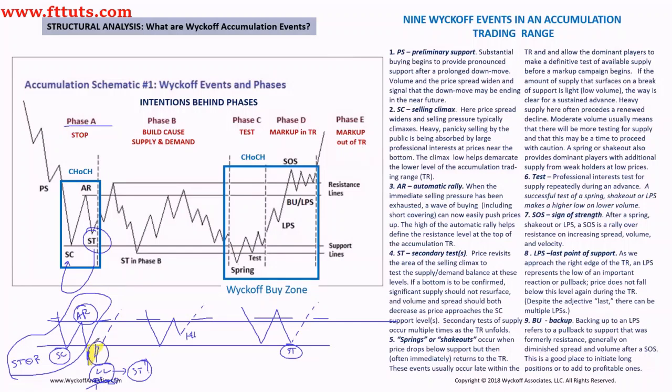That would suggest that demand is actually coming in, and it not only absorbs the supply, it actually pushes the price back above the support level. And that's when we're going to say that now we see a confirmation of the reversal, therefore we're going to have a rally up, therefore the secondary test is confirmed.